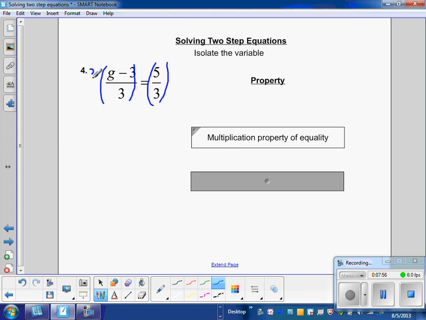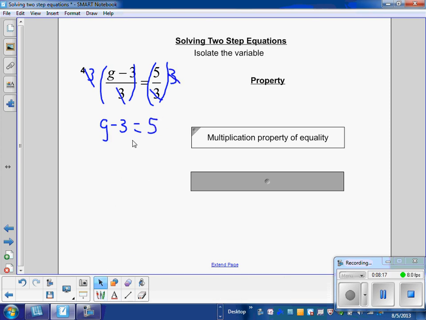So 3 over here, and 3 over here, and the 3 over 3 is going to leave me g minus 3 is equal to, I can just cancel those 3, or 15/3 is just 5, right?